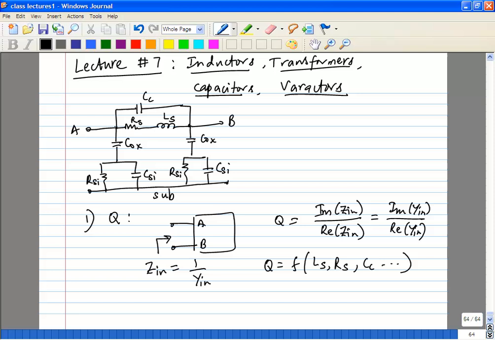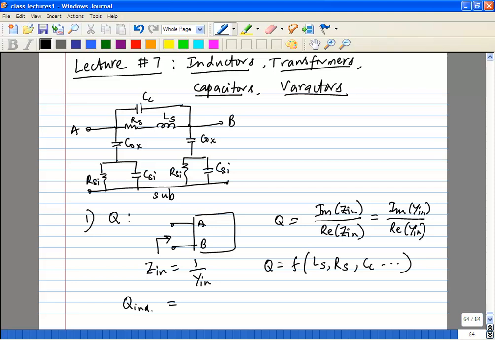Now we also saw that for the inductor itself, if you use this definition, it's not valid at all frequencies, because you're already assuming that the imaginary part is positive for an inductor. Let's say you have a series resistance R and inductance L. Omega L over R is the definition, but it's valid for an inductance.